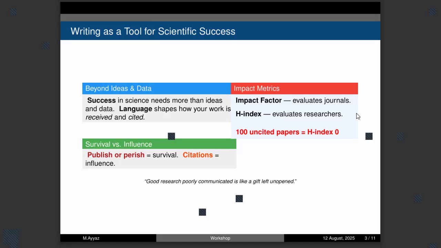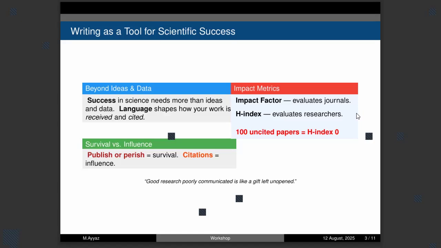Consider we have 10 research papers and each has been cited 10 times by other people in the research world. So our H index would be 10. But on the other hand, if we have 100 or 200 papers and they have been cited by none, then we have an H index of 0.